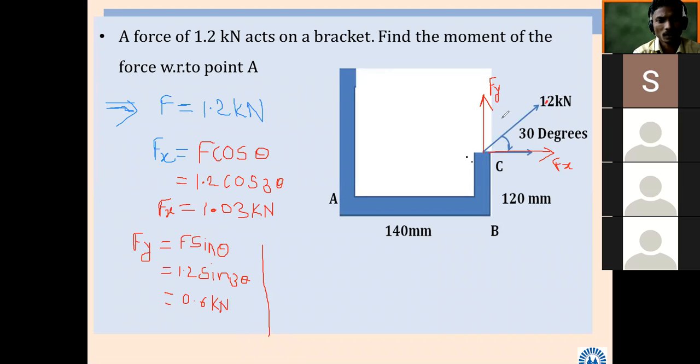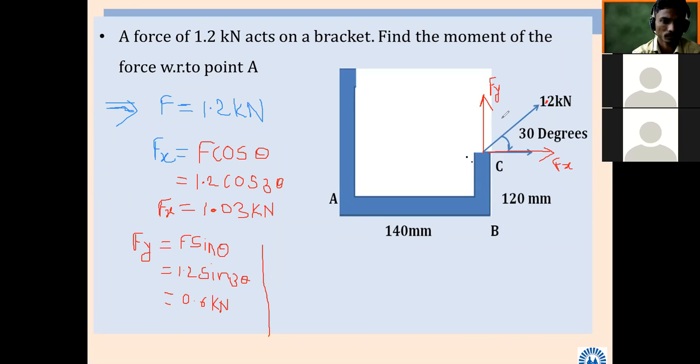Now, is it possible to find the distances of forces Fx and Fy from point C? Is it possible to calculate the moment due to Fx and the moment due to Fy, and add them? Yes, sir. So next we will go.